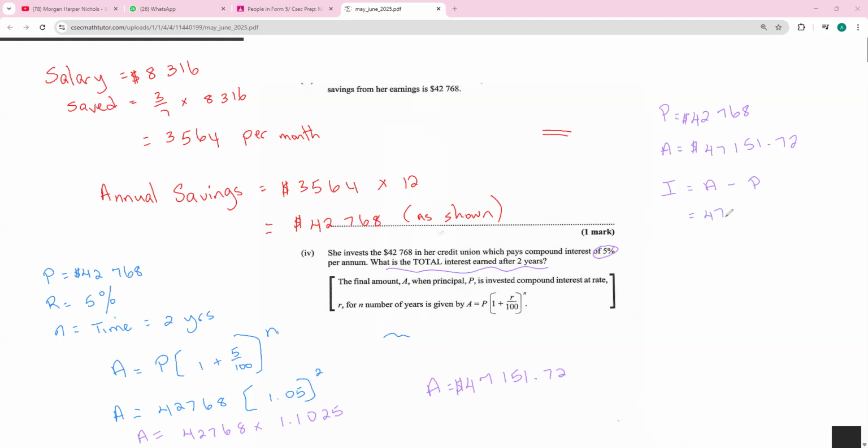So that would be the $47,151.72 minus the principal, which was $42,768.